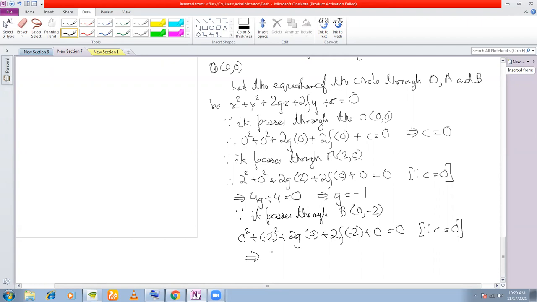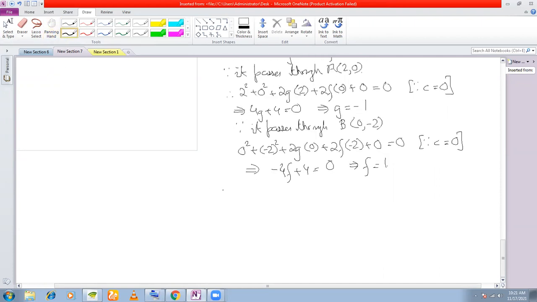So you get here minus 4f plus 4 is equal to 0. That means you get f is equal to 1. Hence, what is the required equation of the circle through O, A and B?